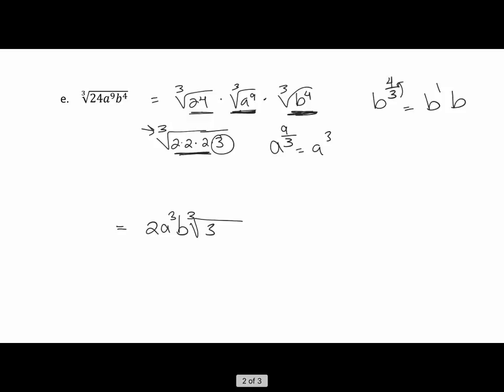And how much is left over? 4 minus 3, so 1 left out of 3. So that means there's one factor of b left in the radical with the index of 3. So my final answer then, when I put the number, the a and the b all together, 2a cubed b cubed root of 3b is the simplified radical expression.